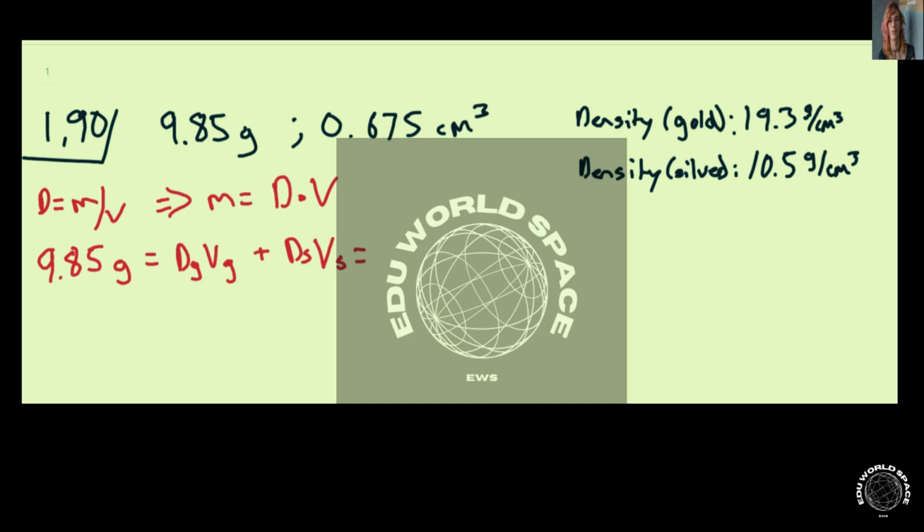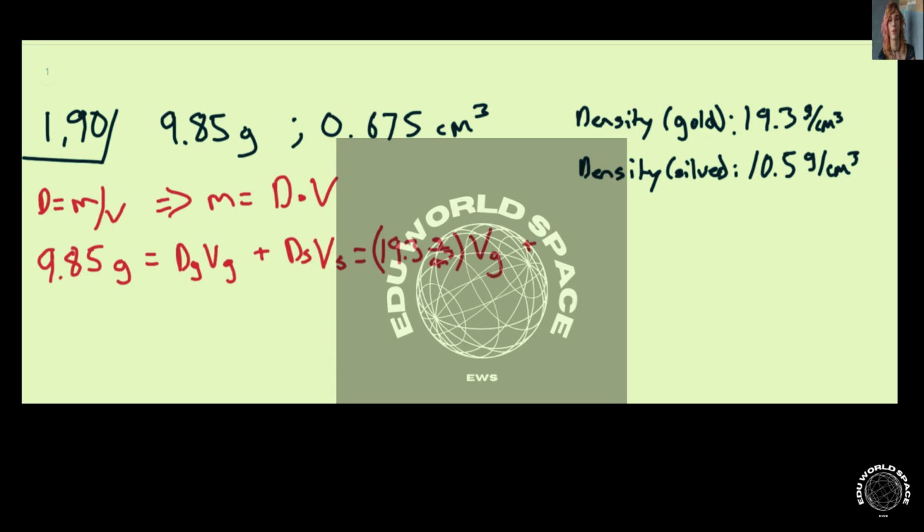So we can substitute values in here. The density of the gold we know to be 19.3 grams per centimeter cubed, times the volume of the gold.